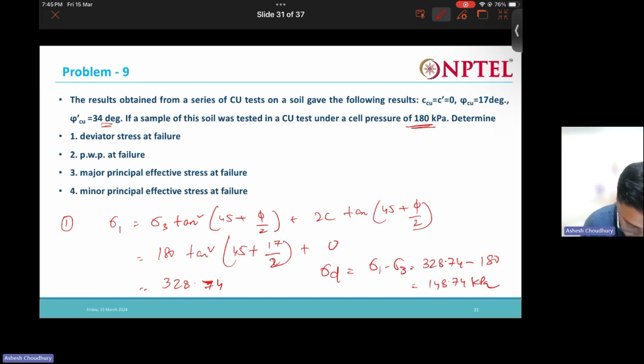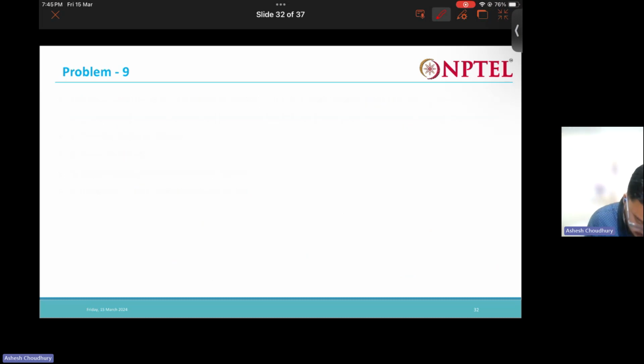Now next is pore water pressure at failure. So find this out, same as this. Here now you need to use the effective values. So sigma 1 dash is equal to sigma 1 minus u, and sigma 3 dash is sigma 3 minus u.